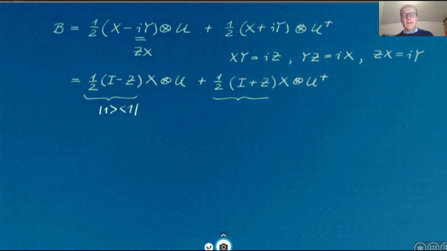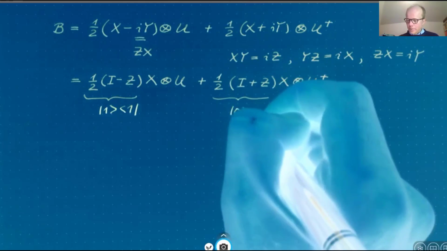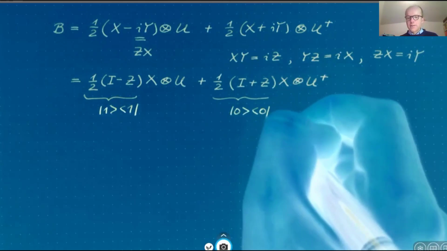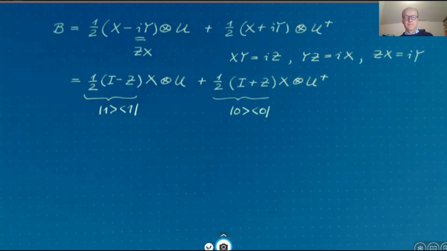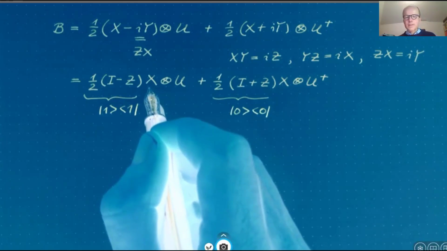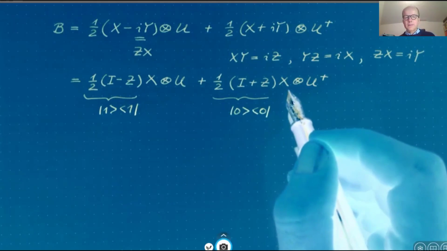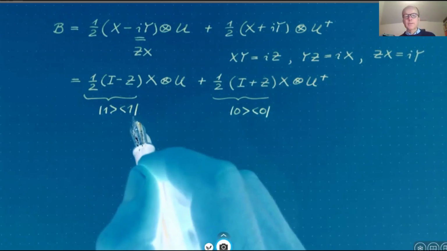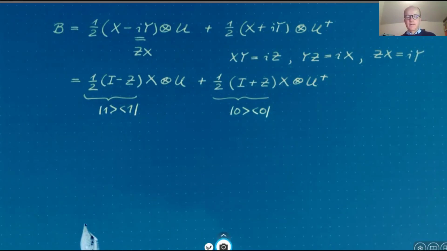In a similar fashion, you can argue in the second term, in the sum with the plus sign, that this is the projector onto the basis state 0. Then in both cases you apply the Pauli X from the right. Now the Pauli X flips the basis state.